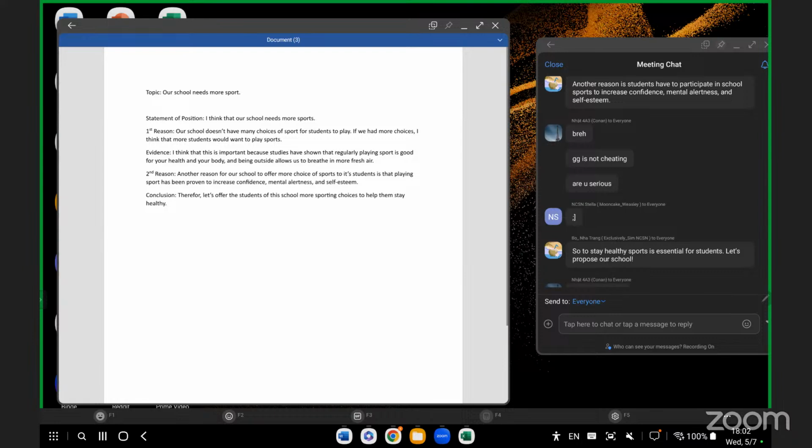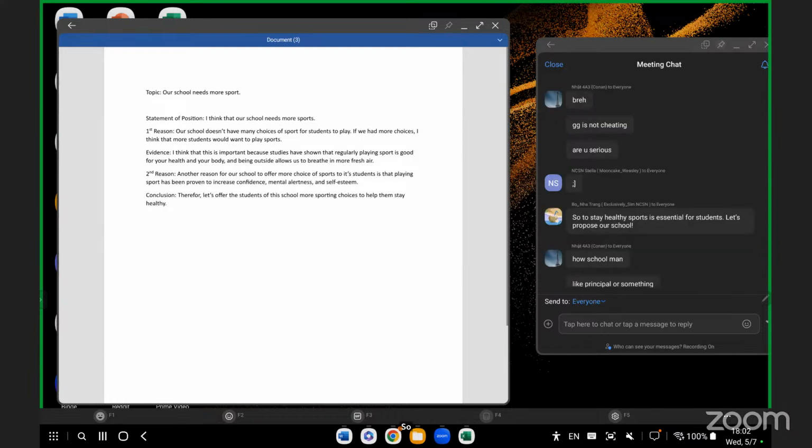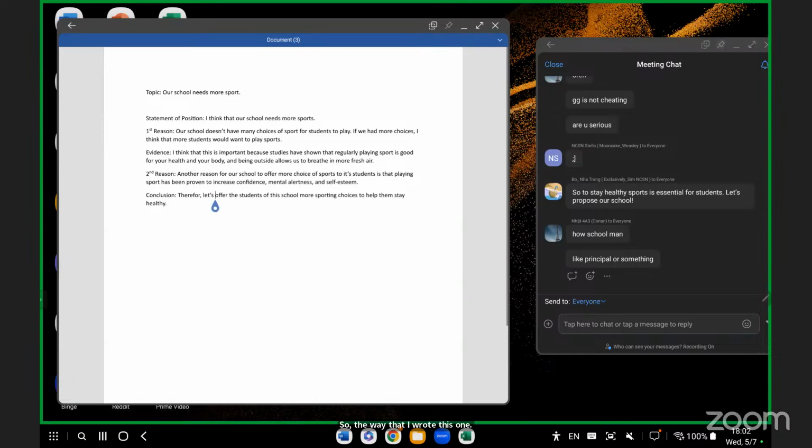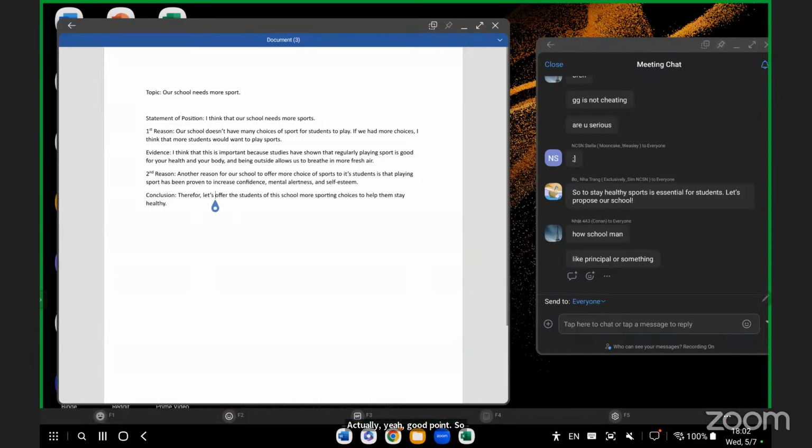Actually, yeah, good point. I'll reword that. So therefore, our school should offer its students more sporting choices to help them stay healthy.